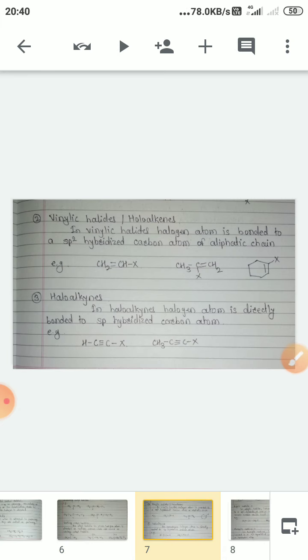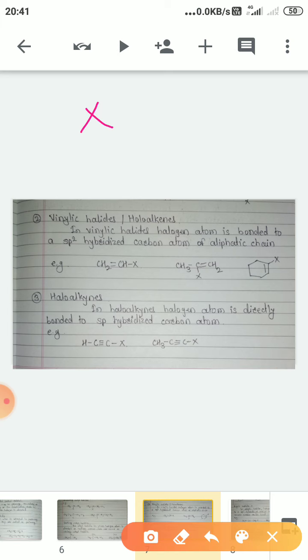Now we'll see the next one, on the basis of the hybridization of the carbon atom to which the halogen atom is attached. The first one, which we have already seen, is haloalkanes, in which the halogen atom is attached to an sp3 hybridized carbon atom.